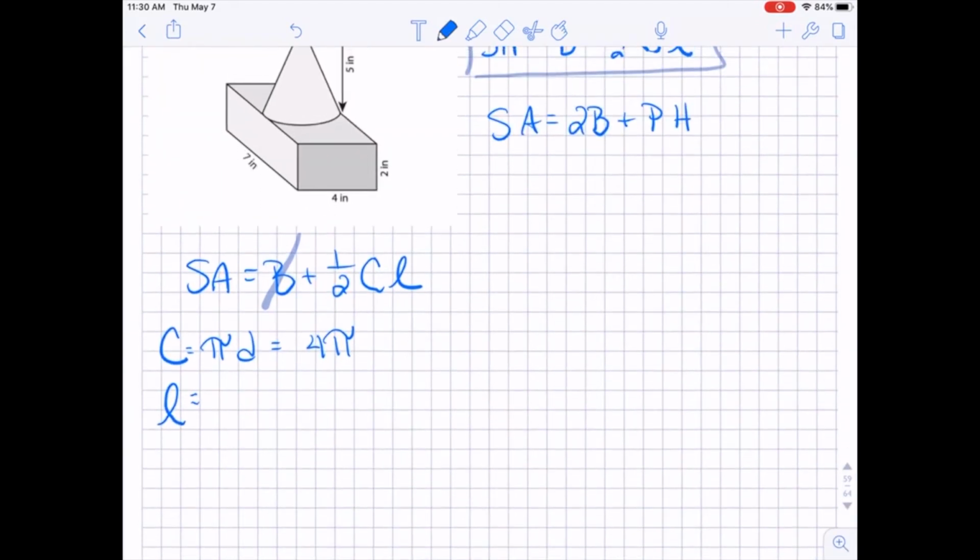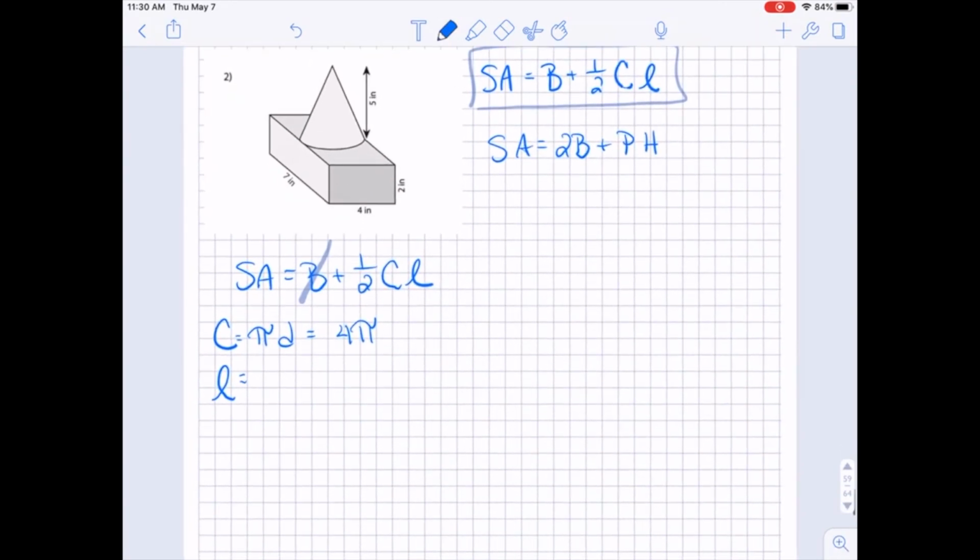So if you consider the cone a right triangle, it said that this height was 5 inches. And it stated that the distance across here was 4, which is the diameter, which means this part of the triangle is 2.